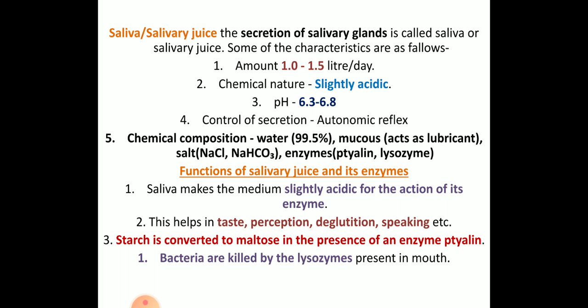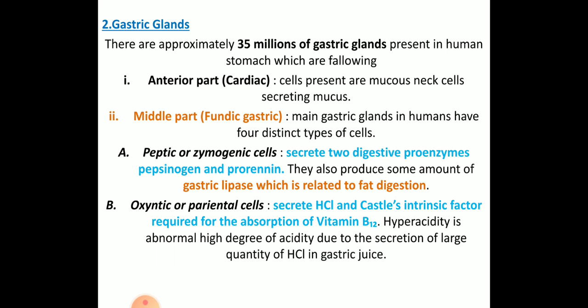It also helps in taste, deglutition, speaking and perception. Starch is converted to maltose in the presence of the enzyme ptyalin, and bacteria present inside the mouth are killed by lysozyme. So these are some of the functions related to salivary juice.